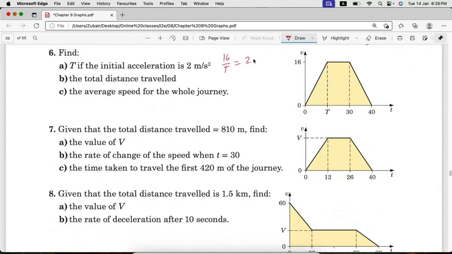So t goes on the other side, 2t and 2 comes over here, t is equal to 8. So 8 seconds. Any doubt? No, sir. Find the total distance traveled. Can you do that? Yes, sir. Okay.